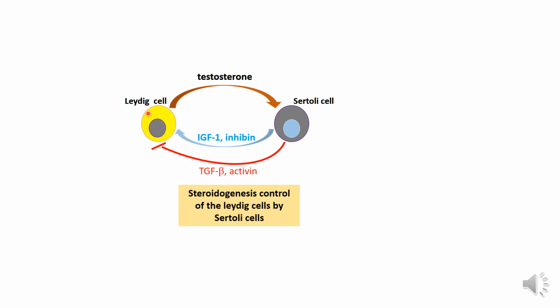So in this way, the Leydig cells will have a paracrine control on Sertoli cells through the testosterone, and from another side, the Sertoli cells produce factors that can either activate the testosterone production, what we call the steroidogenesis by the Leydig cells, or they can produce factors like TGF-beta and activin, which will inhibit the production of testosterone by those Leydig cells.